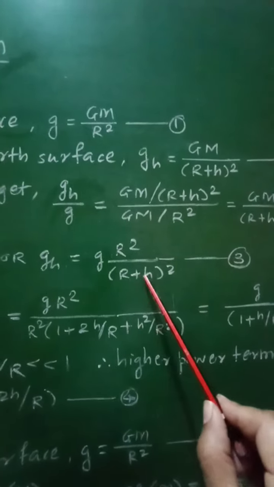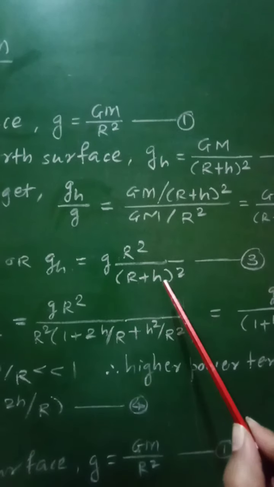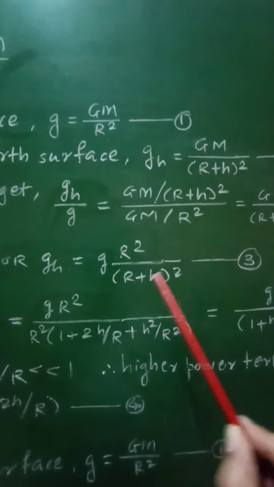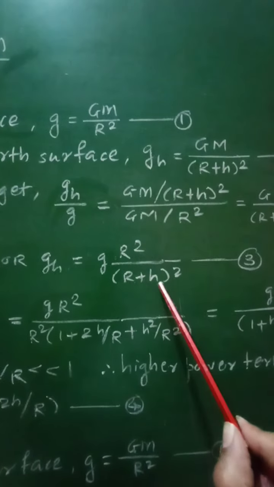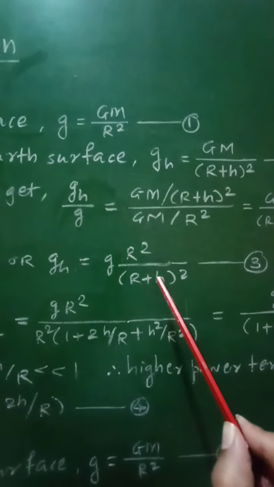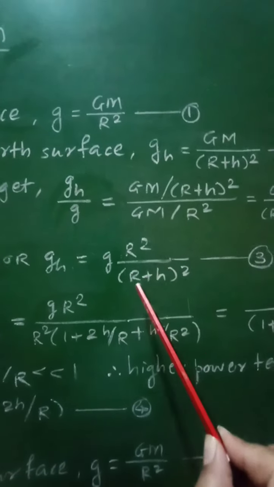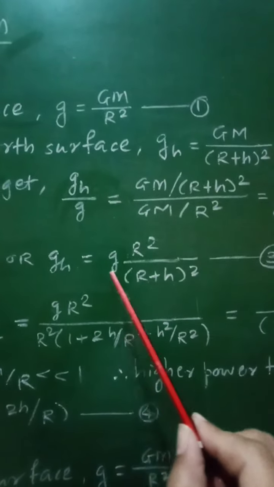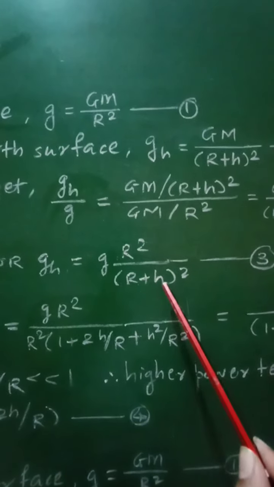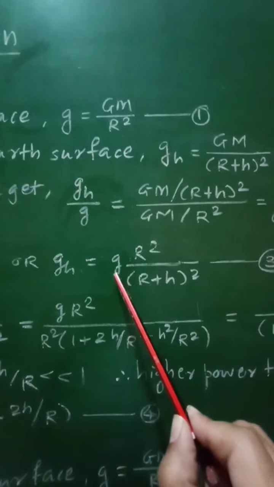Now from this equation it is clear that if the value of h above the earth's surface increases, then the value of r plus h will increase, that is the denominator of this ratio will increase, and hence this ratio will decrease, and therefore we can say that as the value of h goes on increasing, gh will go on decreasing.